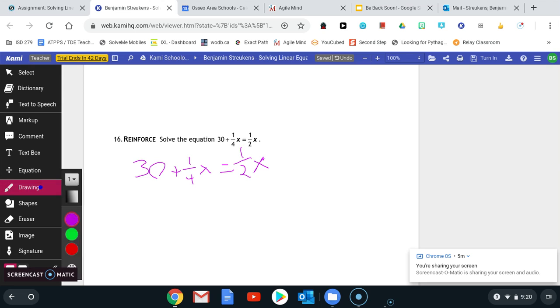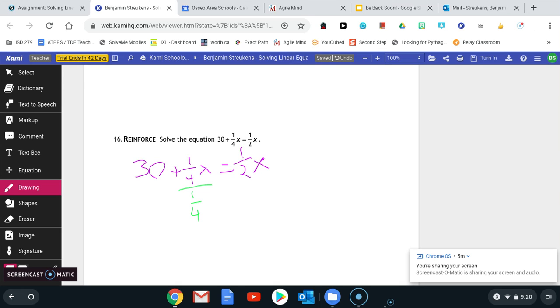Now this one's kind of tricky because it has fractions in it, but if you remember the rules of our fractions, it's not too bad. So we need to get rid of that 1/4 over here, so we can move it over here.